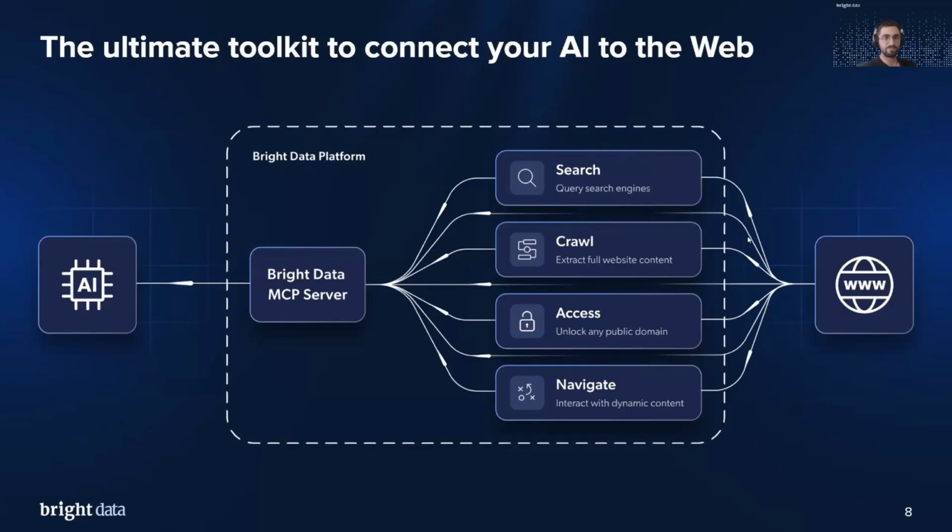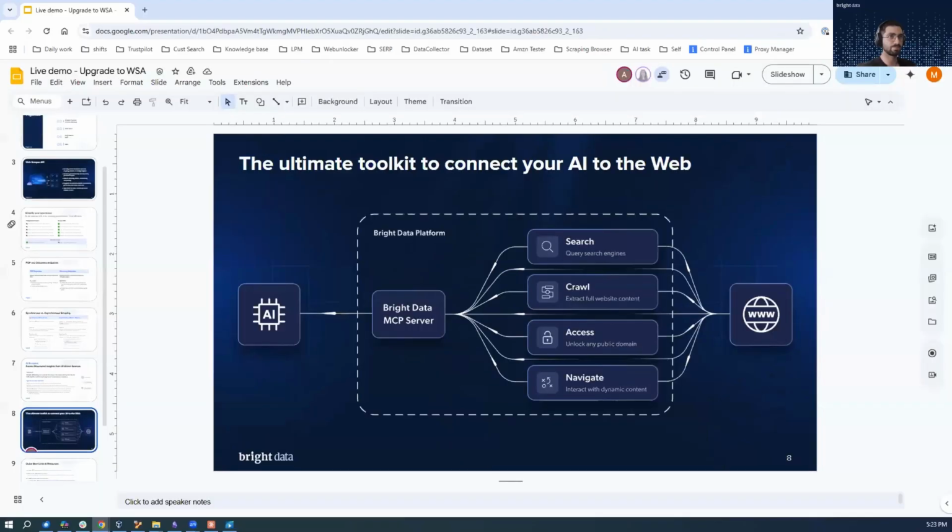So we've built an MCP server for the entire web. Our MCP is already wired into 59 Bright Data tools, including SERP, browser, unlocker, and almost every web scraper API endpoint from the ones that Amit just showed you. So let's jump straight into a few live examples using Claude Desktop.